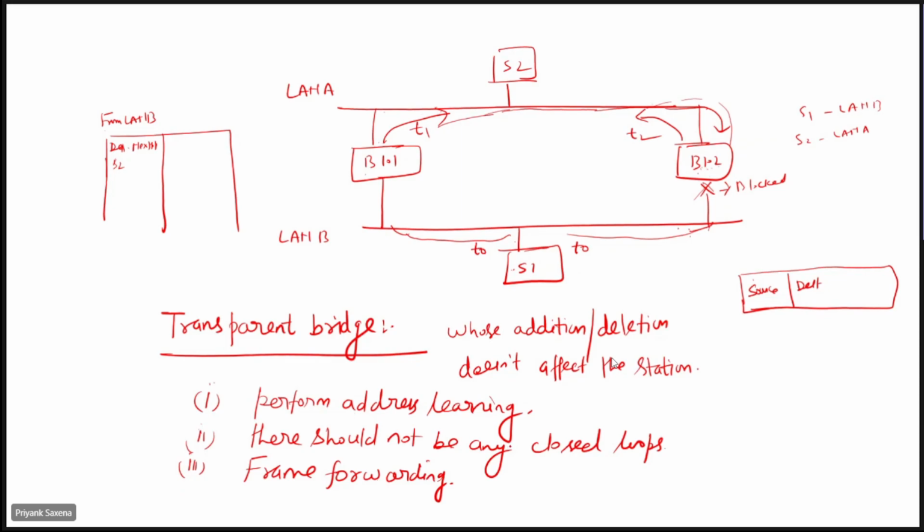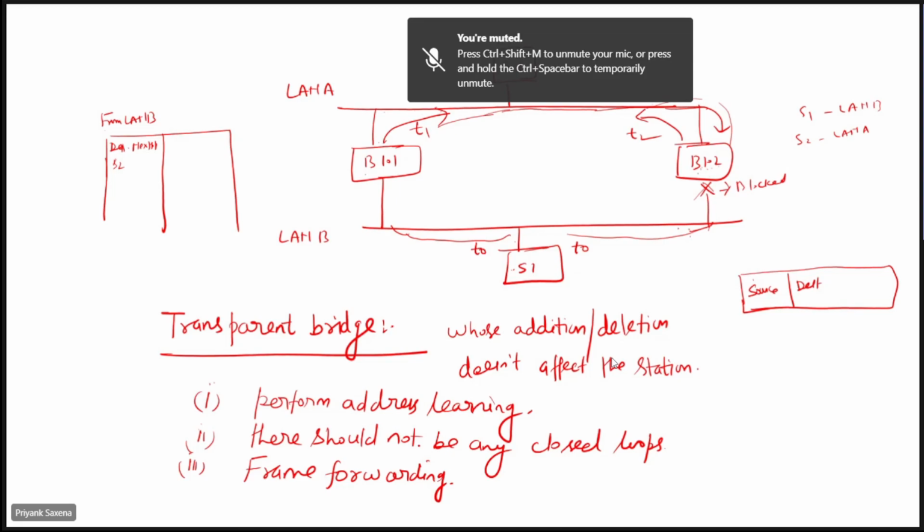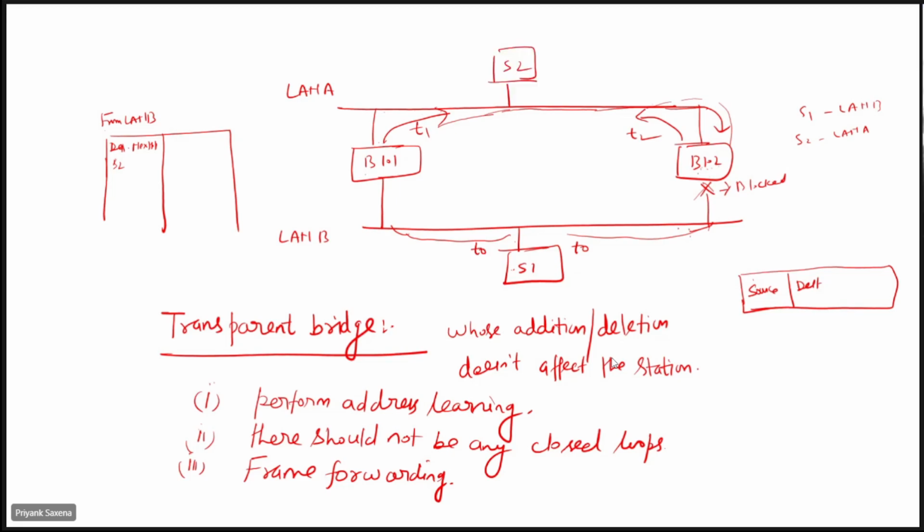So it should perform address learning. It should learn from the movement of the frames. There should not be any closed loop, and it should forward the frame based on the routing table. It should also update its routing table based on the new routes discovered by the bridge. Because of the movement of the frames, the bridge will learn whether this station is down or the other station is up, so which route should be followed.